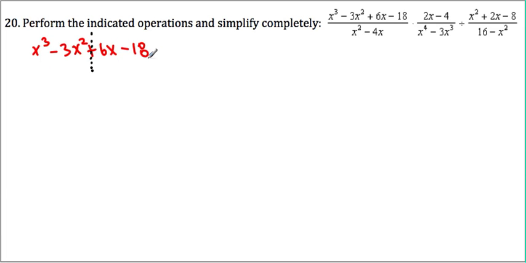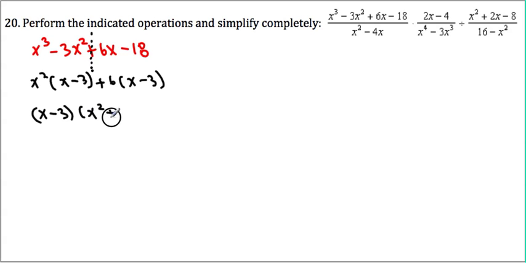What if I group them 2 at a time? Then here I get x squared times x minus 3. Common factor here is 6, so plus 6 times x minus 3. Then we realize that x minus 3 is common, so factoring out x minus 3, we are left with x squared plus 6.